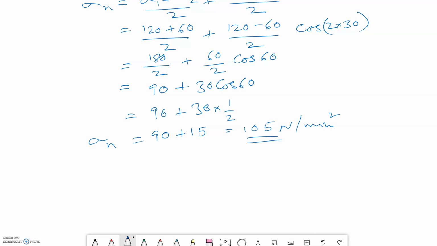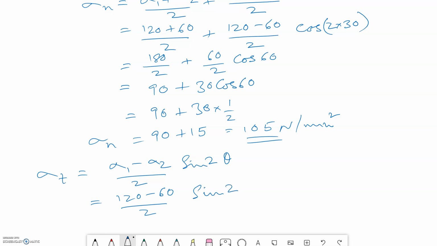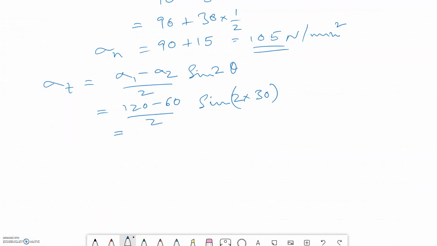Now he's asking us to also find the tangential stress. Tangential stress is sigma t. We have a formula where (sigma 1 minus sigma 2) by 2 into sine 2 theta. Substituting, you get 120 minus 60 by 2 into sine 2 times 30. 120 minus 60 is 60 by 2, sine 60.